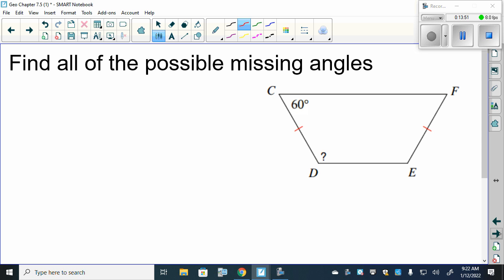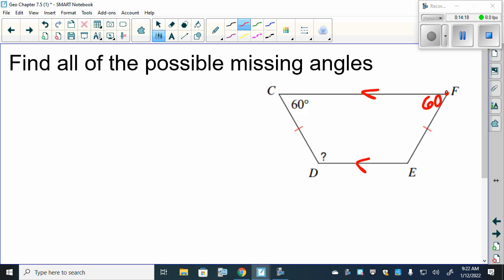Okay, find all the possible missing angles in this trapezoid. And these here would be the parallel sides. F would indeed be 60 degrees because this is an isosceles trapezoid. What else can we find?